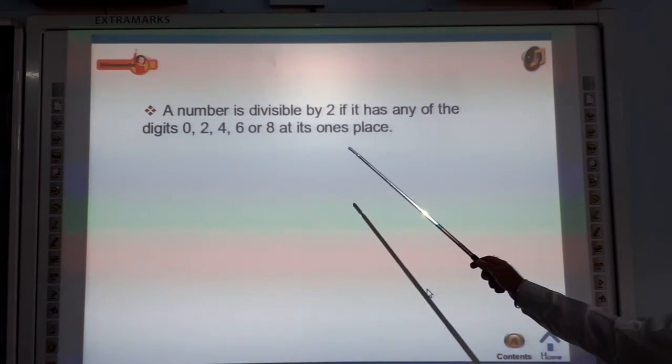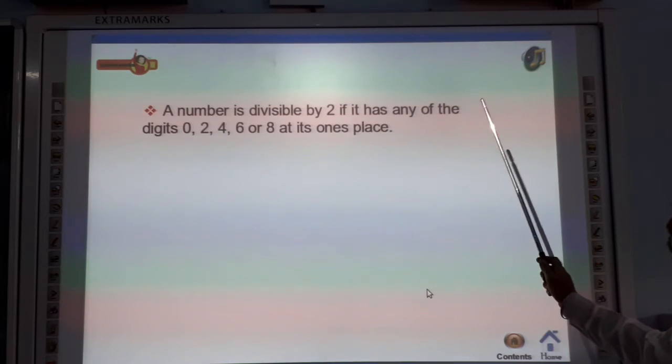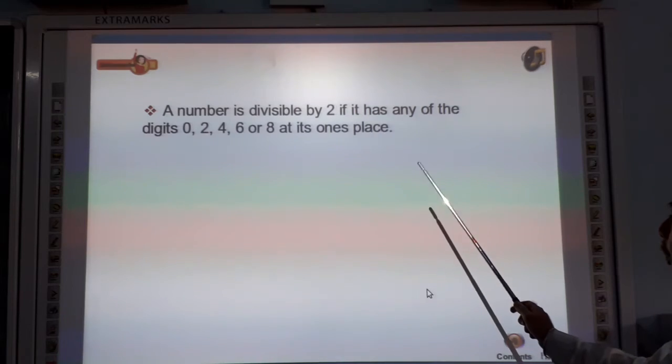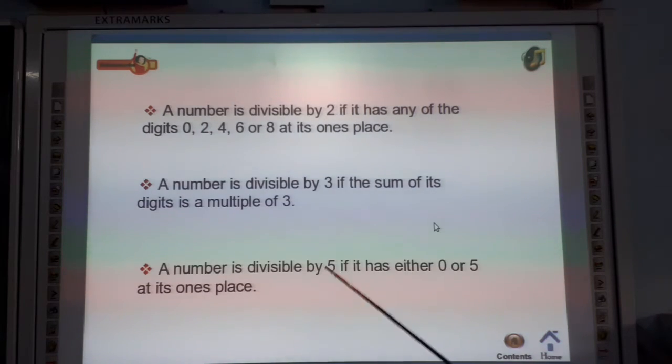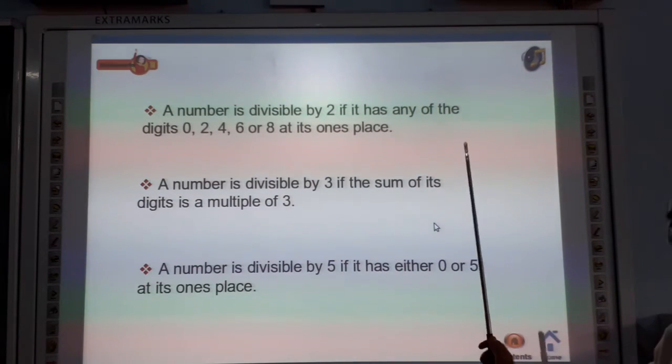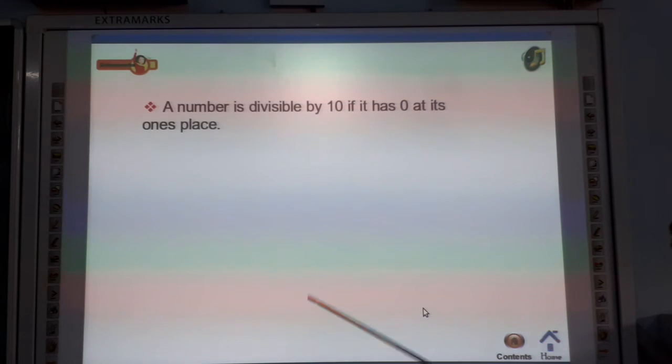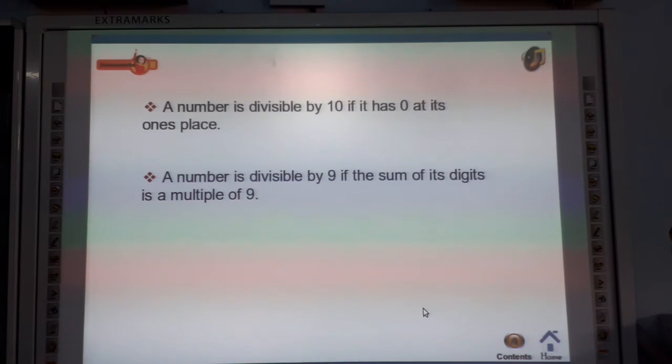A number is divisible by 2 if it has any of the digits 0, 2, 4, 6, 8 at its ones place. Divisible by 3 if the sum of digits is divisible by 3. Divisibility by 5 if the unit place digit, the ones place digit, is either 0 or 5. A number is divisible by 10 if at the ones place we have 0.